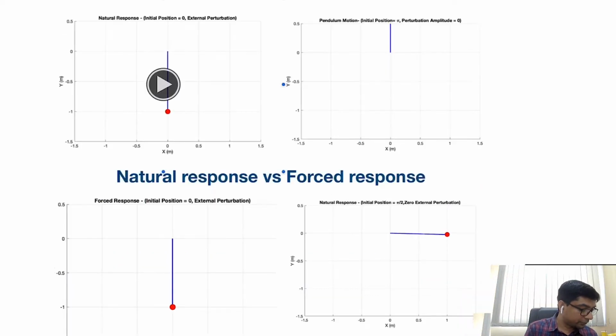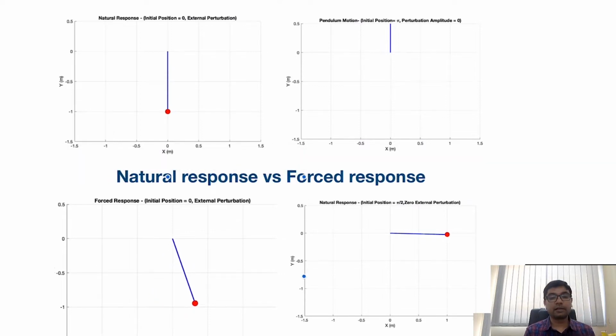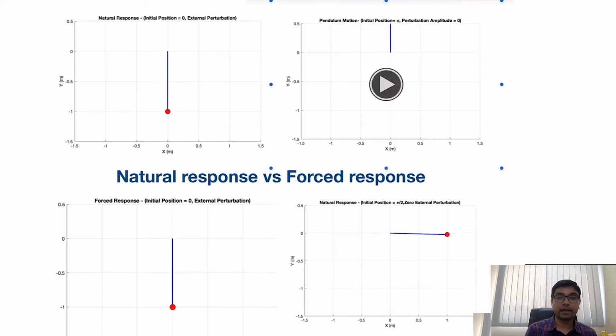We also saw or defined the notion of natural versus forced response in the previous lecture. So if I take a pendulum, I just give it a little push, it comes back again to its original position because it dissipates energy in terms of friction and comes back to its downward position.